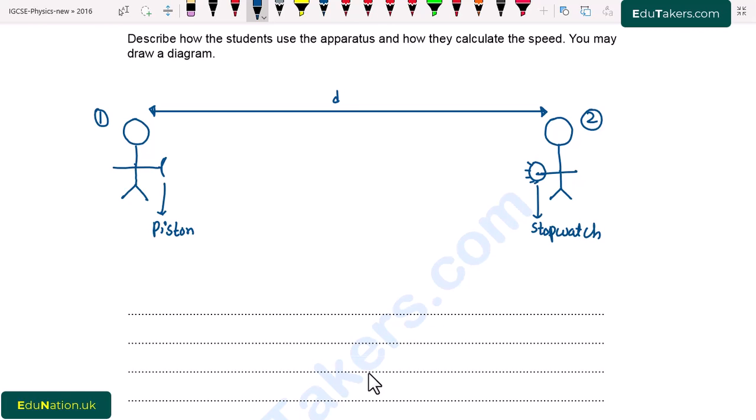And the second student stops the watch when he hears the bang from the gun. Speed of sound is calculated by dividing the distance that we measured with the measuring tape by the time that we count on the stopwatch, which is given by the formula speed is equal to distance over time.